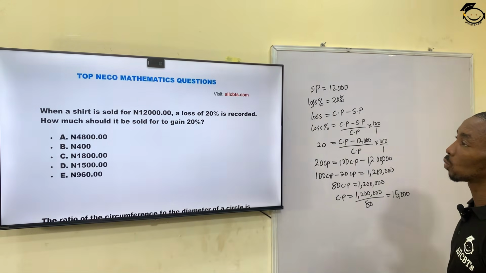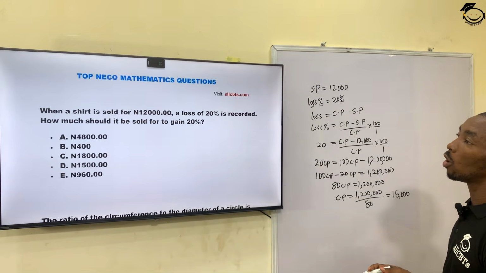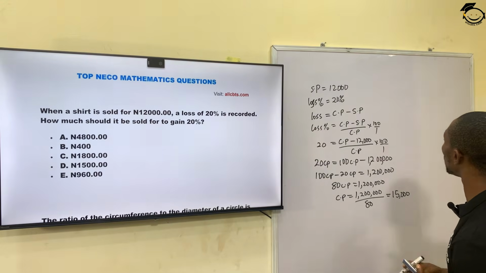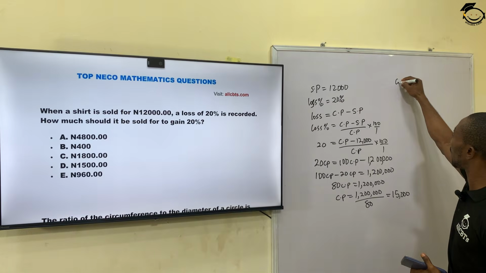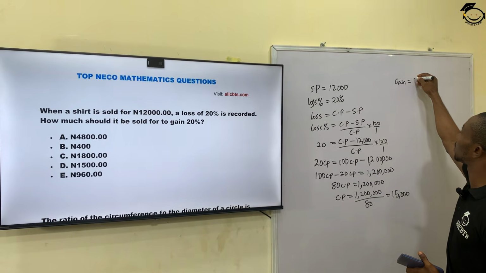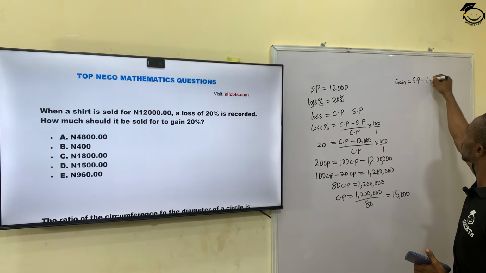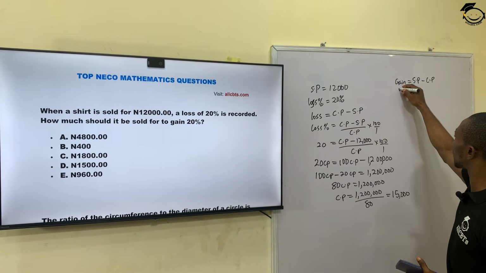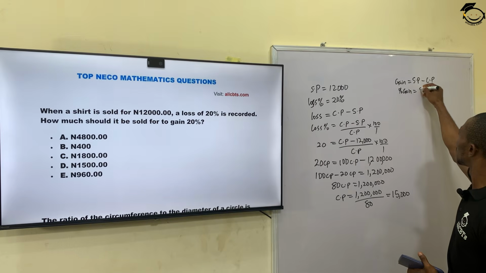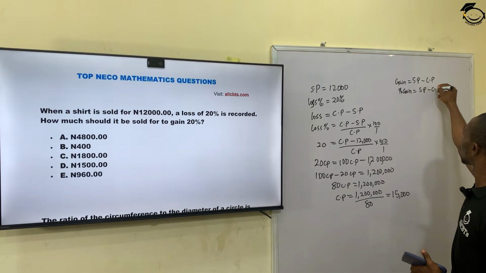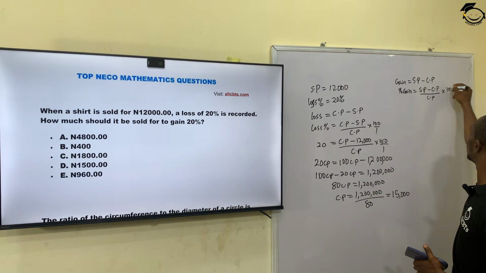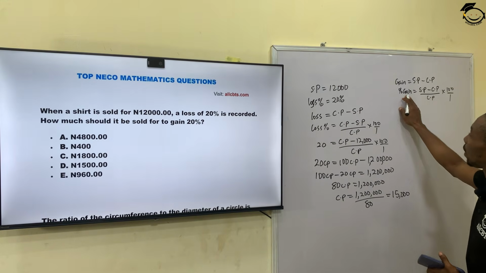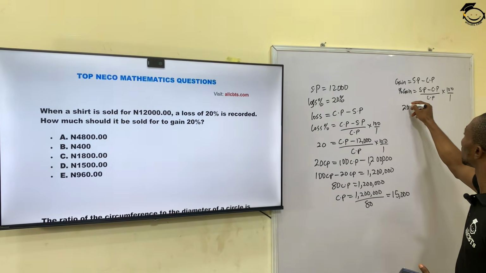Now, the next aspect of it says, how much should it be sold for to make 20% gain? Now, we know that our gain is selling price minus cost price. So our percentage gain is selling price minus cost price divided by cost price times 100 over 1. Now our gain percent is 20.